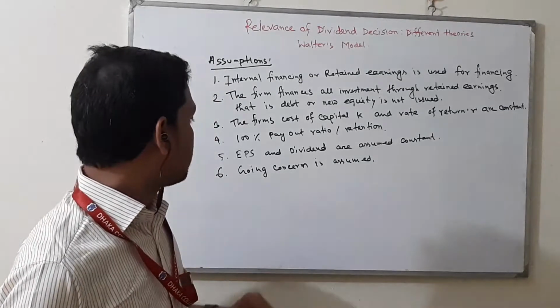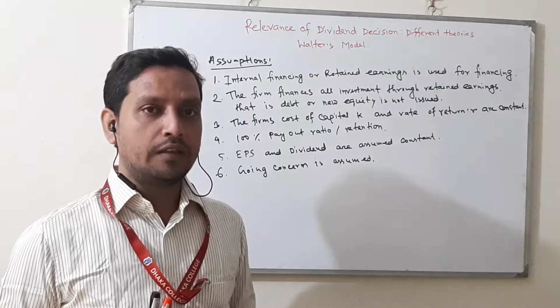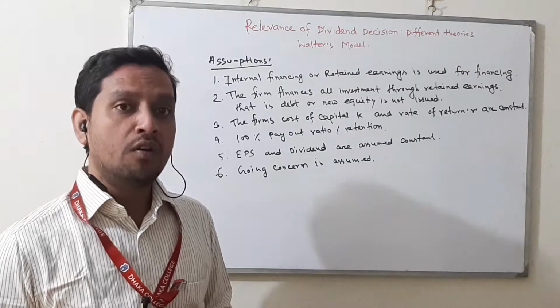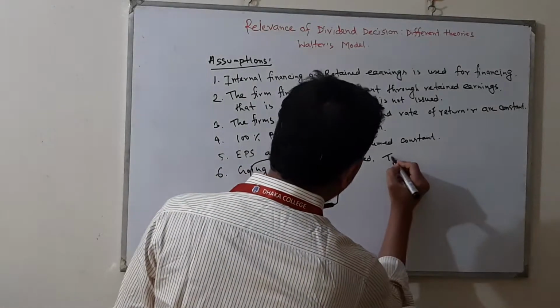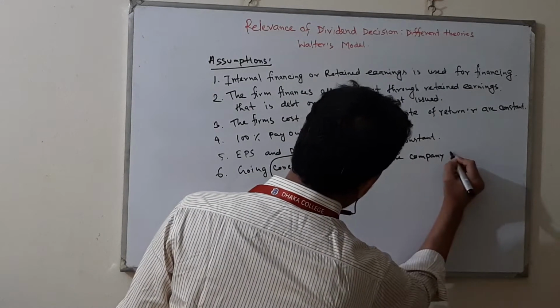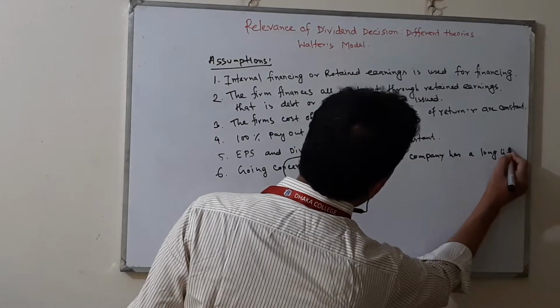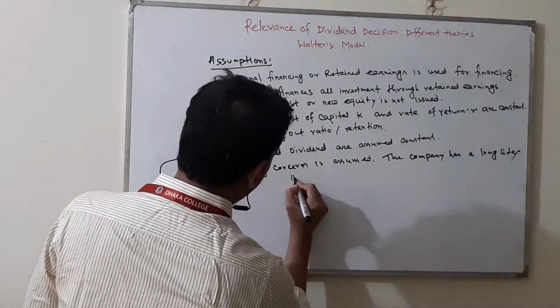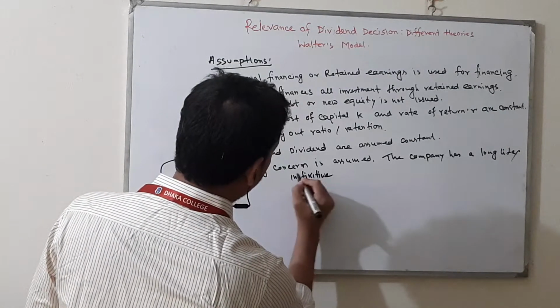Six, going concern is assumed. So the company has a long life or infinite life.